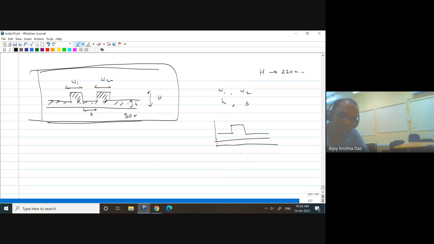Then you can find the EX, EY for a given mode, and EZ, HX, HY, HZ, and for a fundamental mode you also get the corresponding beta value. This is the set of field distributions you get.